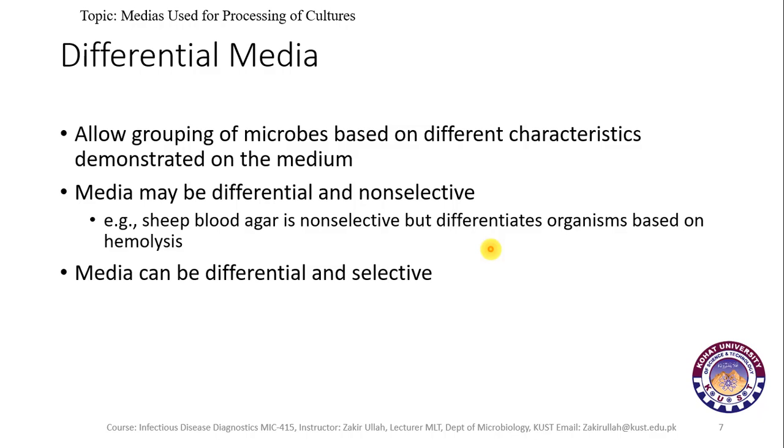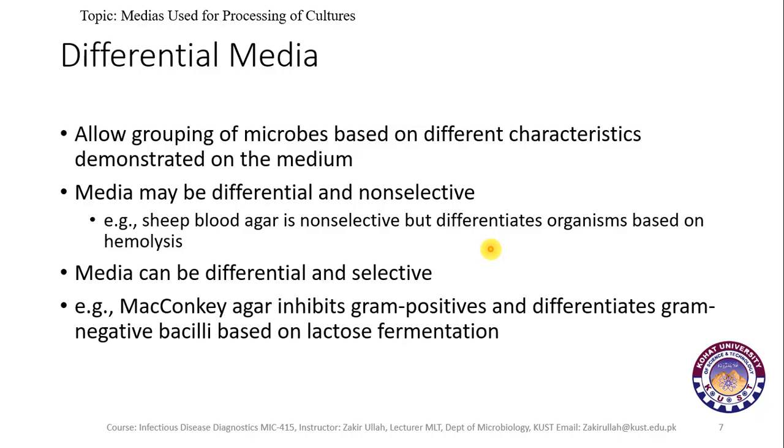Differential media can also become selective. For example, MacConkey agar works as a differential as well as a selective medium in certain circumstances, because it inhibits gram positive bacteria and also differentiates gram negative bacteria on the basis of lactose fermentation.